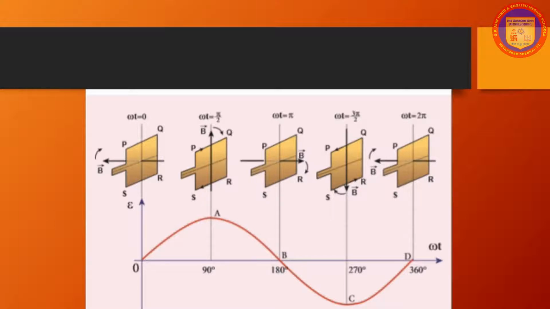When omega t equals 3 pi by 2, sin 3 pi by 2 value is minus 1, so epsilon is equal to minus epsilon m, but in the opposite direction. When omega t is 2 pi, sin 2 pi is equal to 0, then we have epsilon equal to 0, which forms a sinusoidal curve.